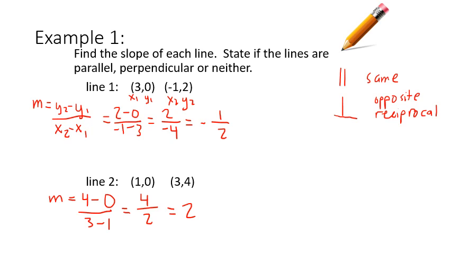Opposite reciprocal means opposite sign and flipped. Let's look at our two slopes, negative 1/2 and positive 2. Those are opposite signs. The reciprocal of 1/2 is 2 over 1, so these would be perpendicular.